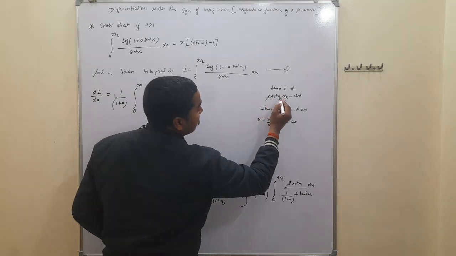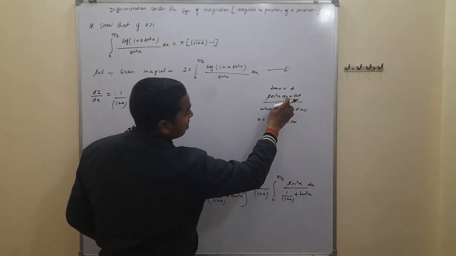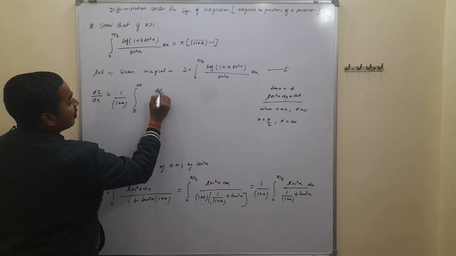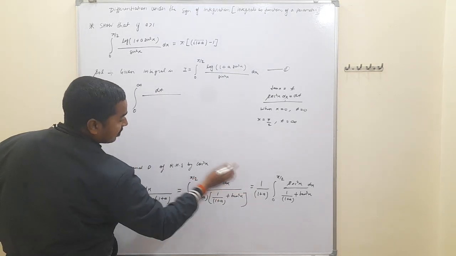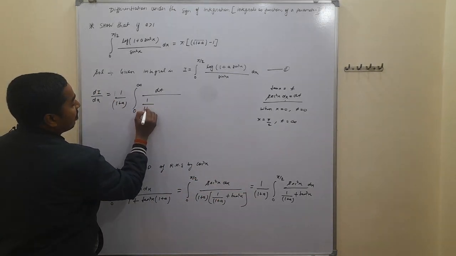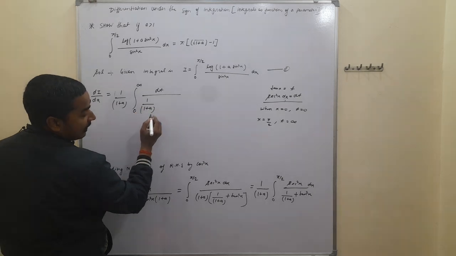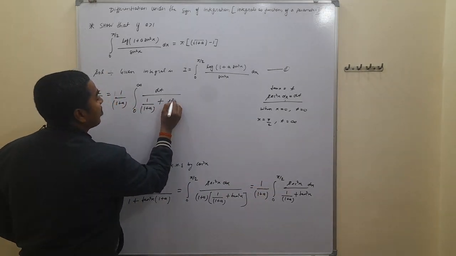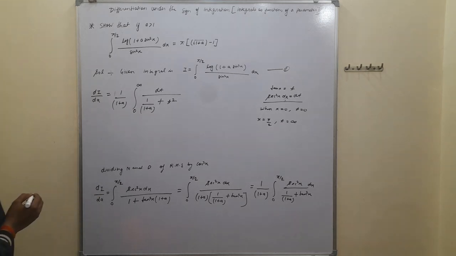Here we let tan x equal to t, so in place of sec square x dx we put dt upon 1 upon (1 plus a) plus, in place of tan square x, t square, and we know the formula.